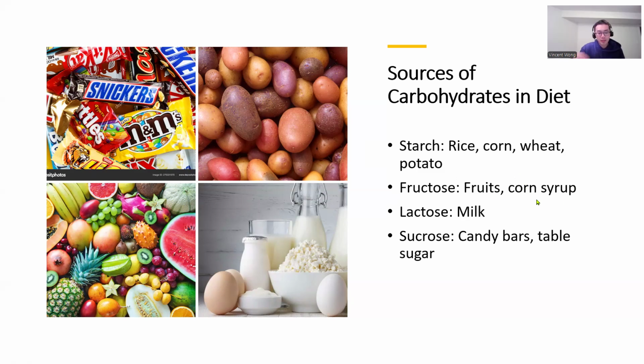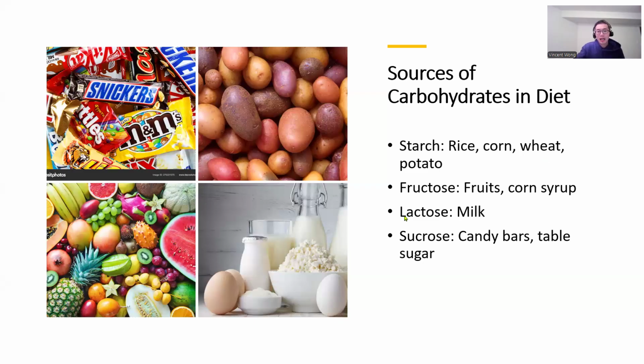If you add a little bit of syrup on your pancakes, that's a lot of fructose in there. The fructose in fruits is reasonably healthy, I would say. But if you look at processed food, they have what's called high fructose corn syrup. That's the processed stuff, and it's not too good for you.